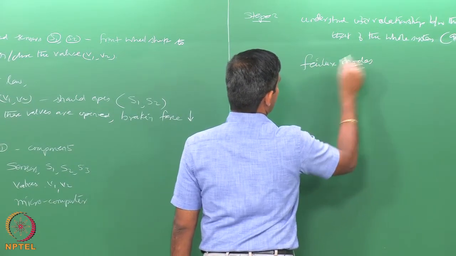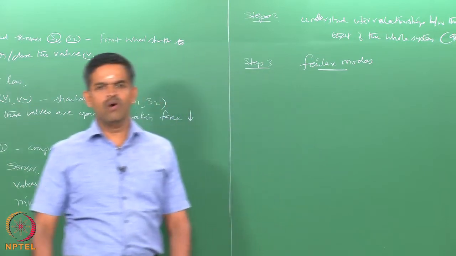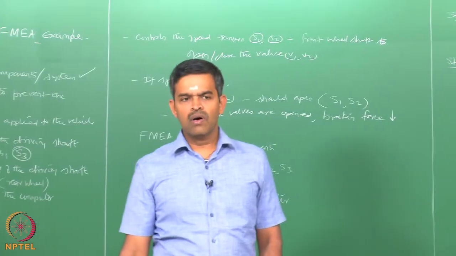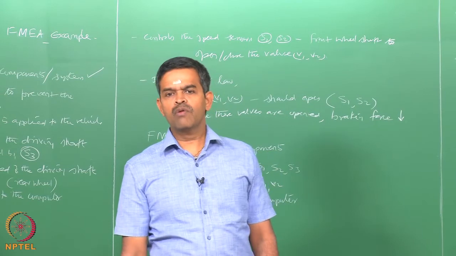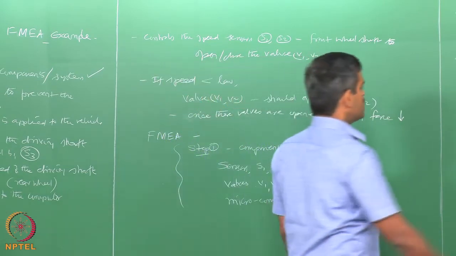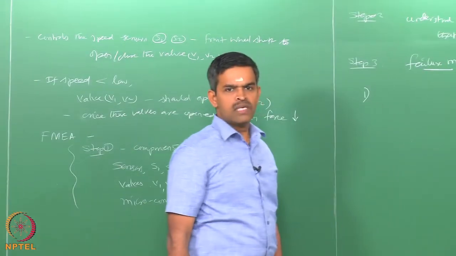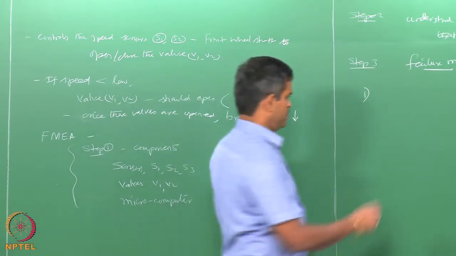We already discussed in the last lecture what are the possible failure modes in electromechanical systems. Let us say the first one could be sensors can fail to give output.